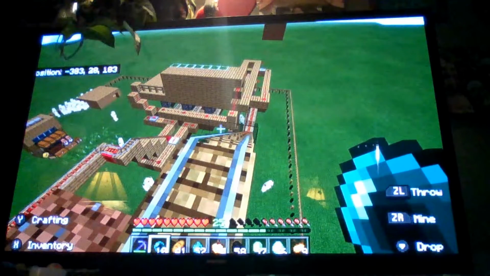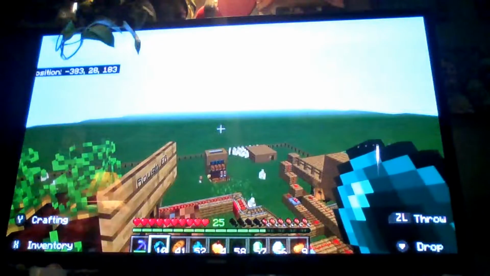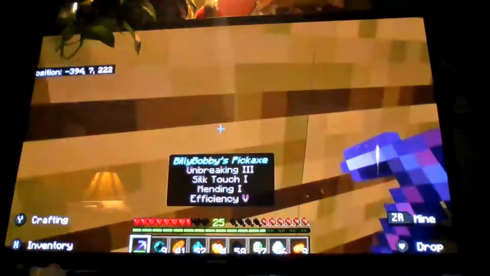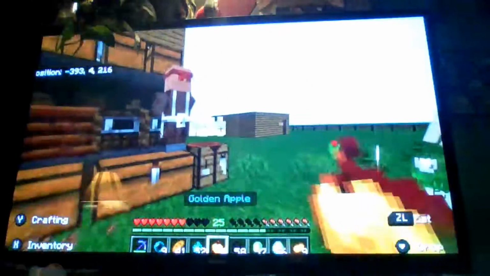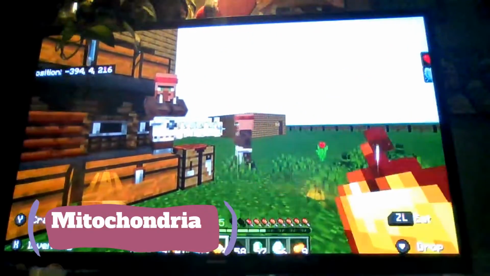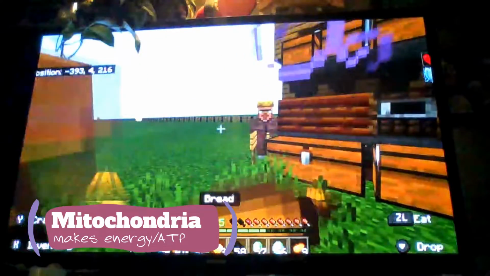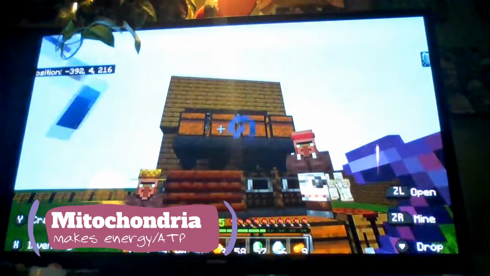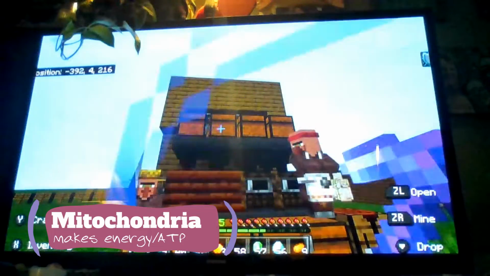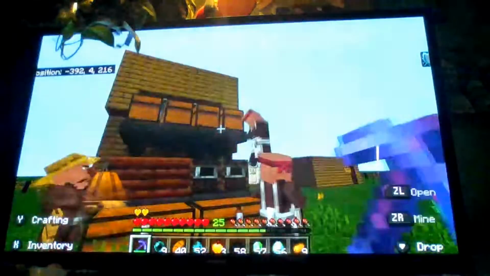Alright, now we do our mitochondria. Let's pay a visit to there. Here we are. So, what our mitochondrion does in a cell is it produces energy for it to carry out all of its activities.